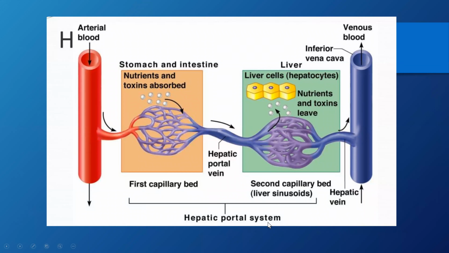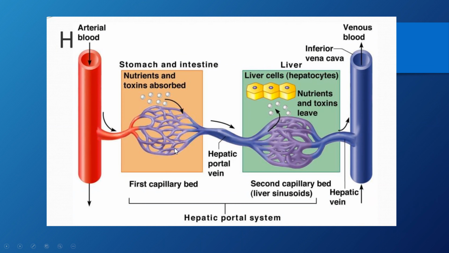Now, this slide shows how hepatic portal system works a little bit, right? So we have hepatic portal vein, right? So hepatic portal vein brings blood to the liver, right? From the stomach and small intestine. So first, obviously, we want to deliver arterial blood to stomach and intestine, and large intestine, by the way, too.